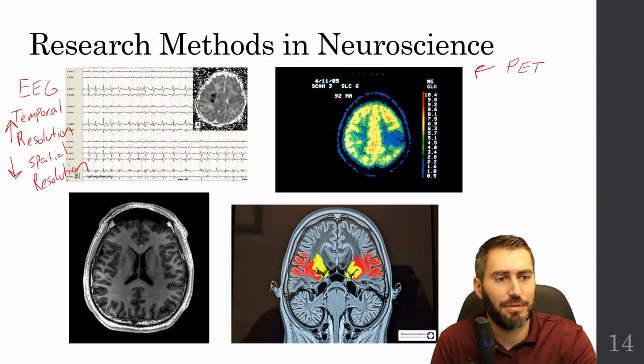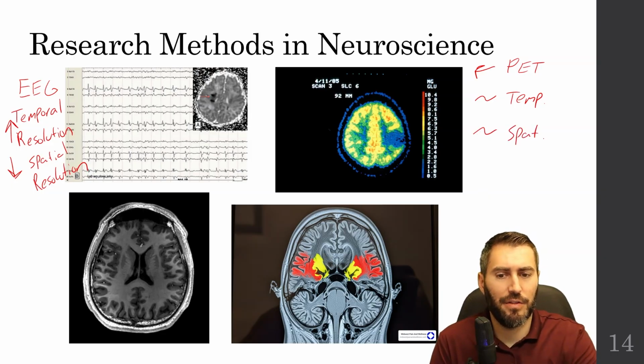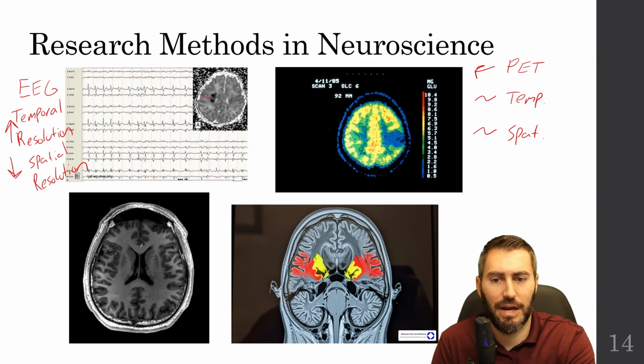And so PET scans provide a little bit more information, but they aren't quite as good in their temporal resolution. So we have a medium amount of temporal resolution and I'd say a medium amount of spatial resolution as well.